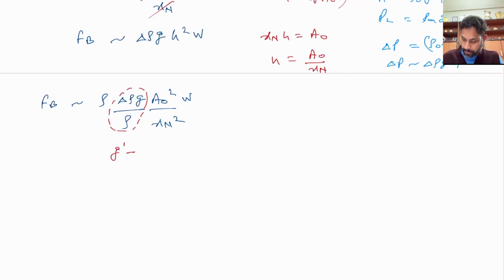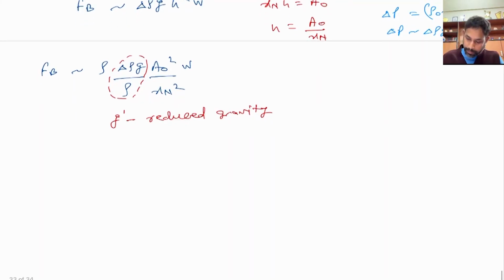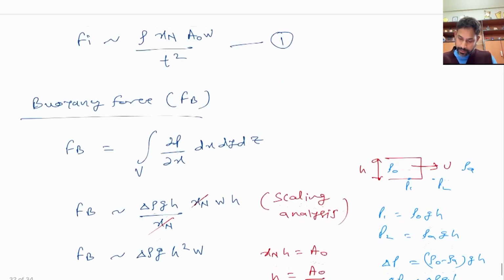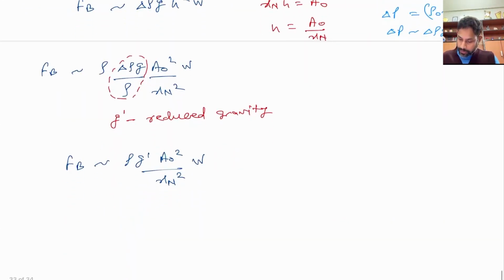That is something we have used before, and that is the reduced gravity. Okay, so Fb now becomes rho g prime a naught square over xn square w. Okay, this is the second equation that we got. So the first one is F inertia, and this one is F buoyancy. So that is equation 2.